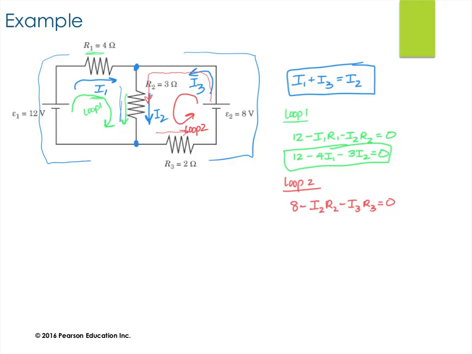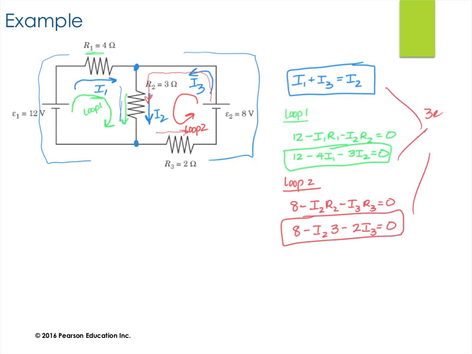And now I'm going to substitute the values for the resistor. So these are my 3 equations that I can use to solve for my unknowns.